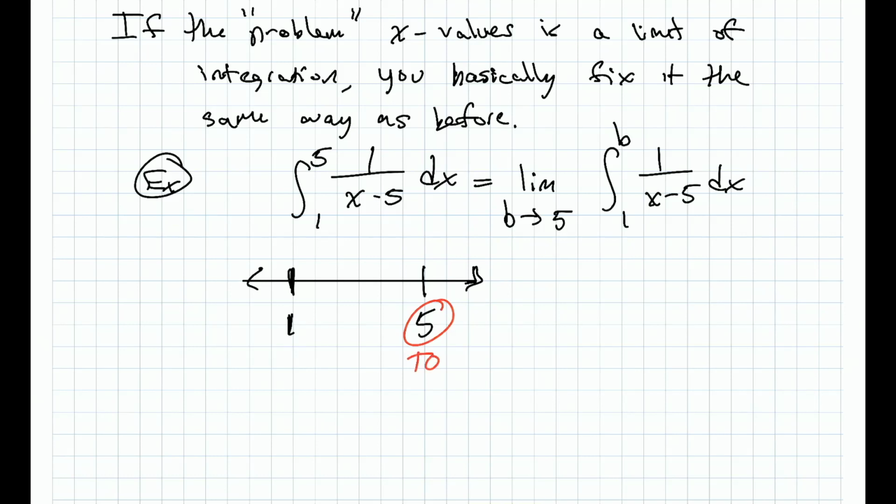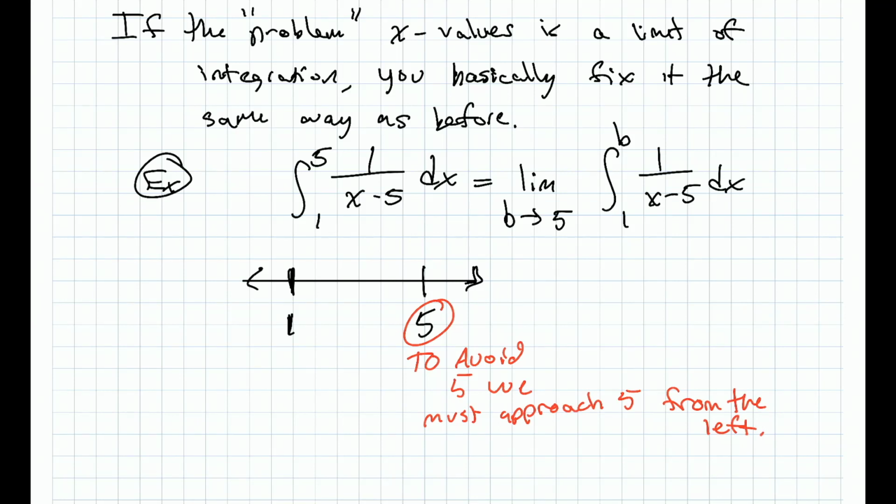So to avoid 5, we must approach 5 from the left. Why is that the case?